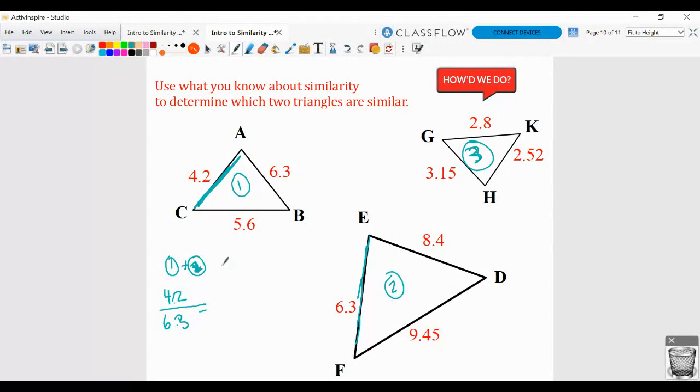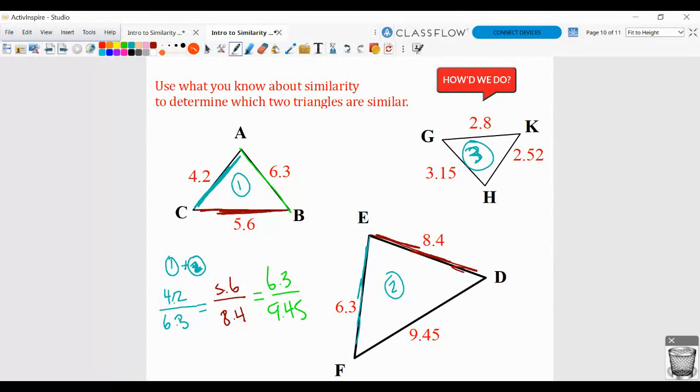And these are all questions. Let's go to the next one. 5.6, the next biggest number is 8.4. So 5.6 over 8.4. Is that equal to the last side, the biggest one, 6.3 over 9.45?